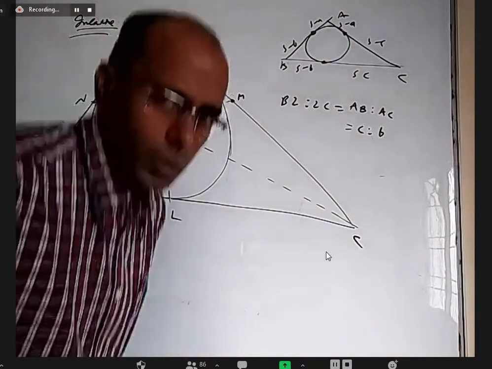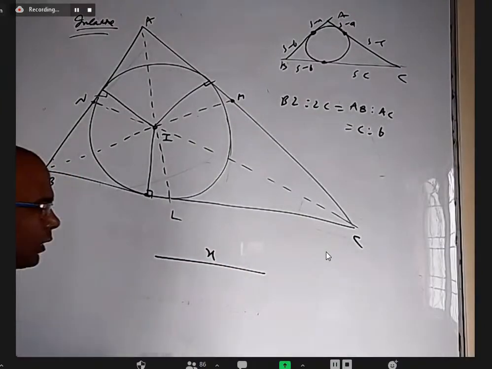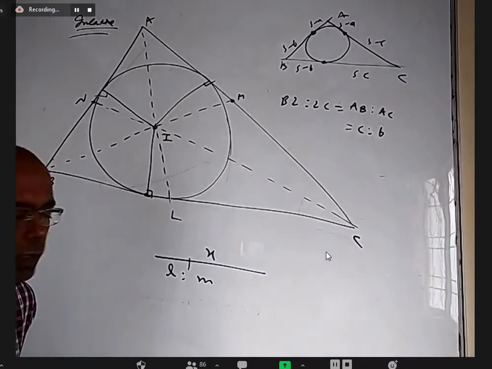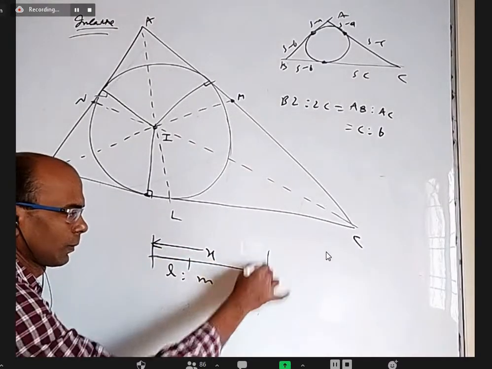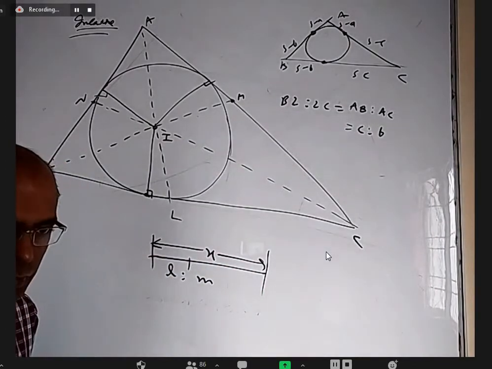Now, if I have a length x and I want to divide it in the ratio L is to M, you know ratio and proportion, right?